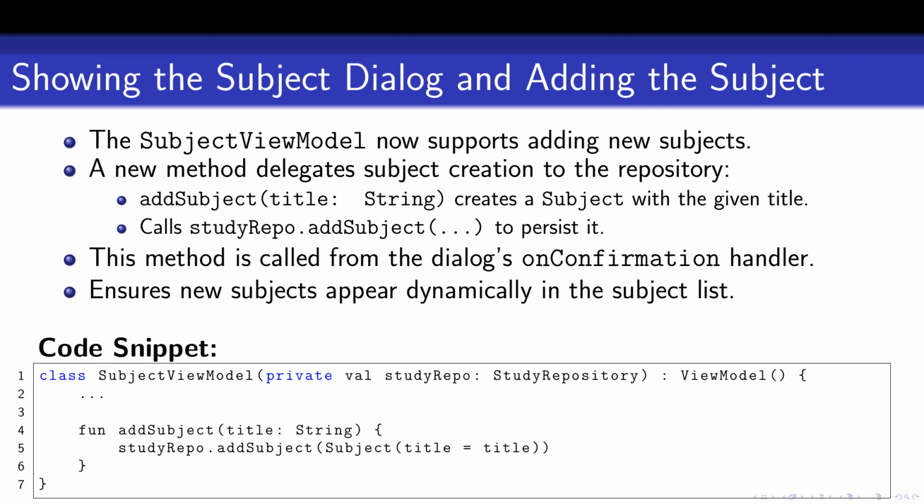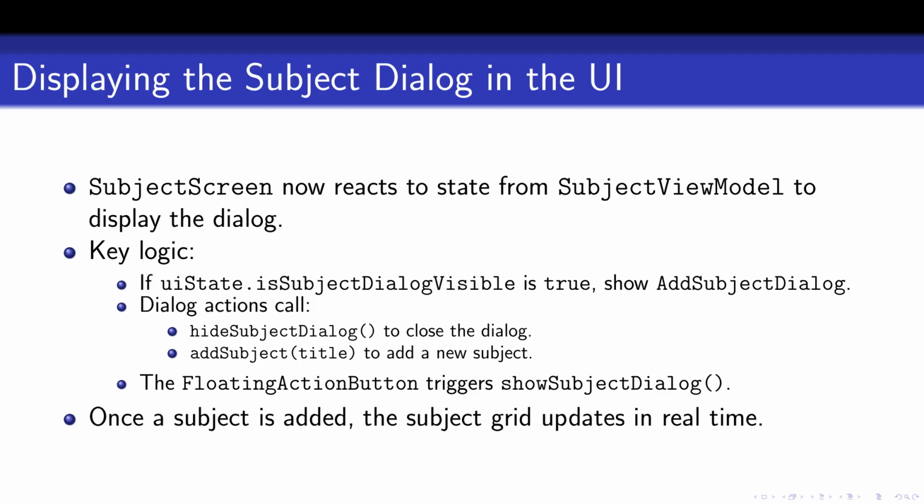This wraps up the entire subject adding workflow and ties together the dialog, ViewModel, and repository layers in a clean, reactive architecture. The Study Helper app now reacts to UI state to determine when the Add Subject dialog should be shown. This is handled in the subject screen, which checks the subject ViewModel's state to see if the dialog should appear.